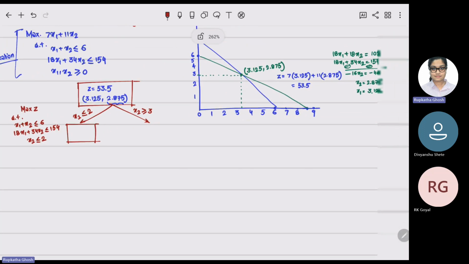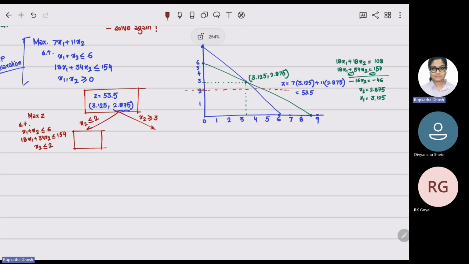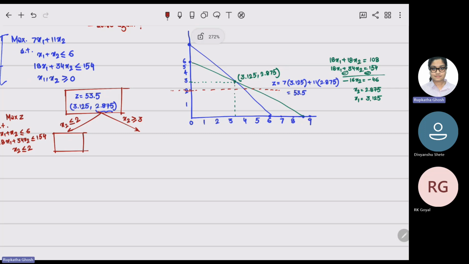Now if you try to solve this, this remains the same. Your x2 is less than or equal to 2. That means the line would be somewhere here. So if I have to do this, this becomes your feasible region now, isn't it?